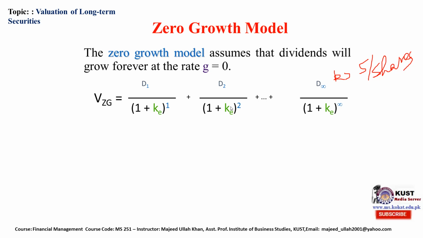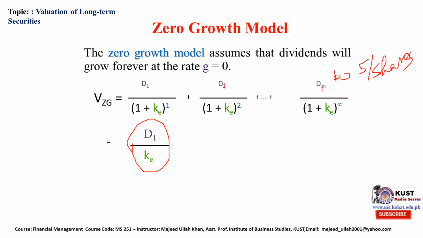The zero growth model then reduces to this perpetuity model, that P is D1 divided by KE. If there is zero growth, all of these will be equal to D1. If there is no increase, D1 will be here as well.